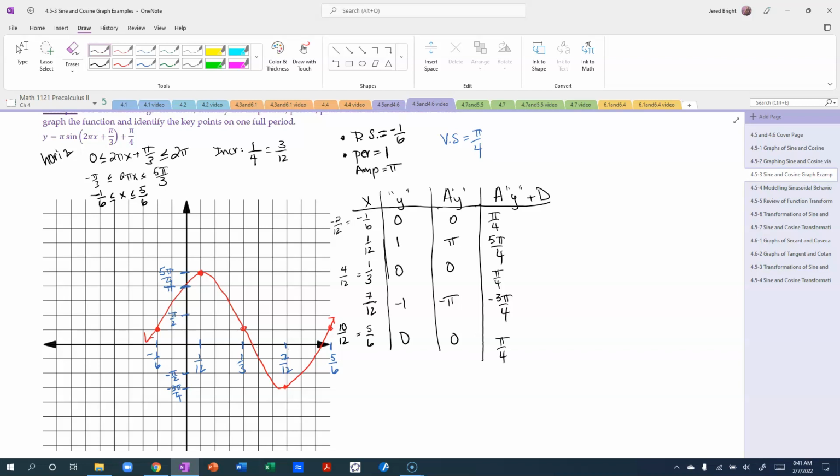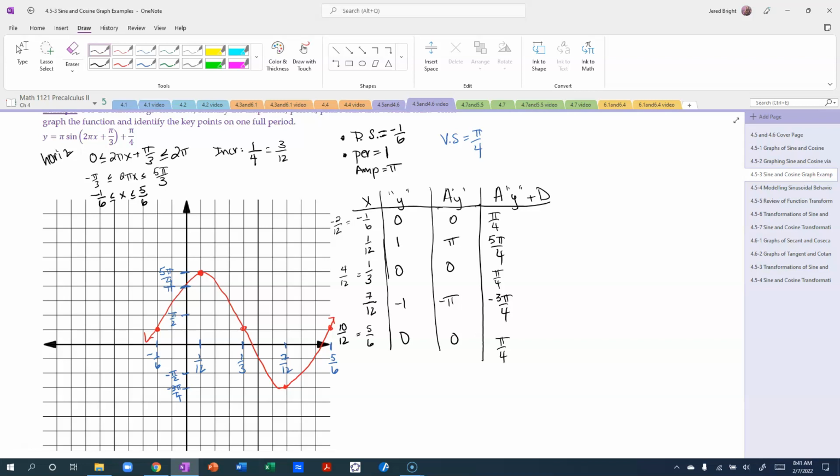Vertically, I went up and down using increments of pi over 4, just because I had fourths here, and so I said 1 pi, 5, etc., etc. Okay, and from there, in that grid, I was able to plot the graph of the function.